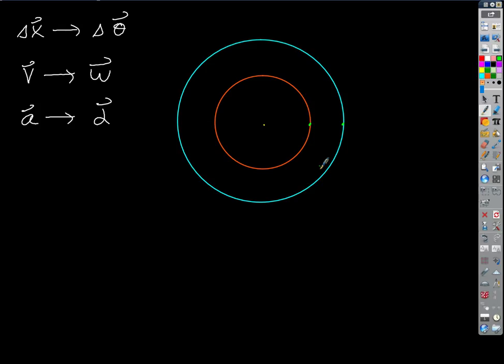We call these the tangential quantities, by the way. As something rotates, the distance traveled, or the speed at which it's traveling, or even the acceleration it's experiencing in Linear Land, we call those tangential quantities. This could just as easily be a car going around a corner. Here's the car seen from above, and this is the corner.